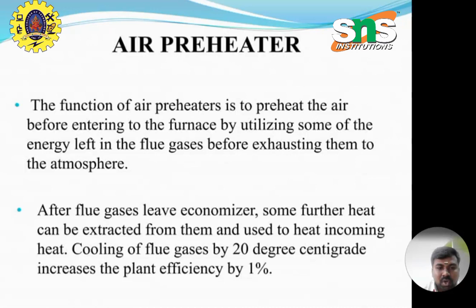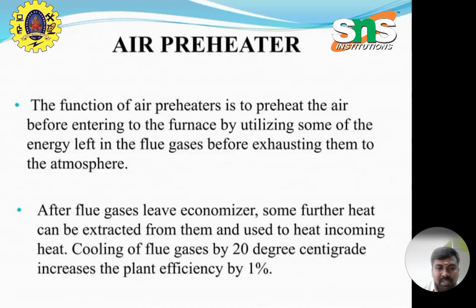From the coal handling system, the coal is used as an energy source to heat the water which is filled inside the boiler. The function of the boiler is to convert the water, that is liquid, into steam.